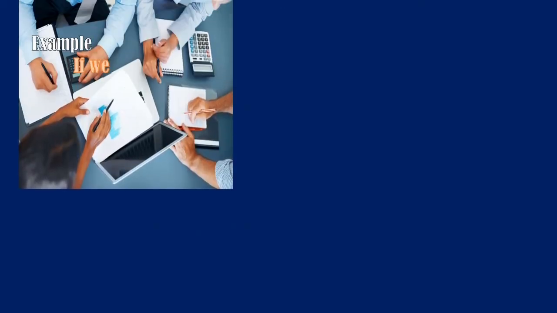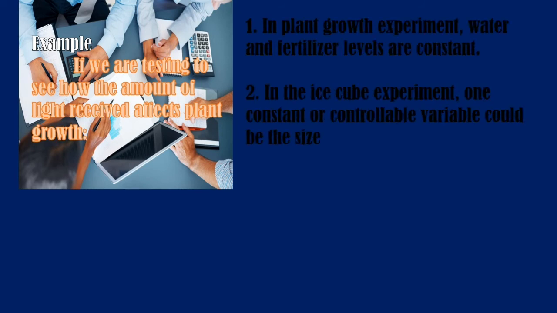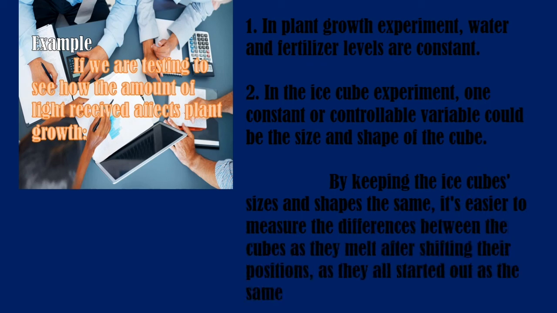Example, if you are testing to see how the amount of light received affects plant growth. So, in a plant growth experiment, water and fertilizer levels are held constant. Another example, in the ice cube experiment, one constant or controllable variable could be the size and shape of the cube.